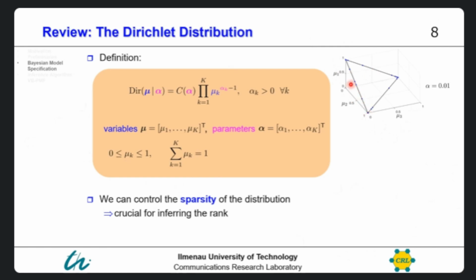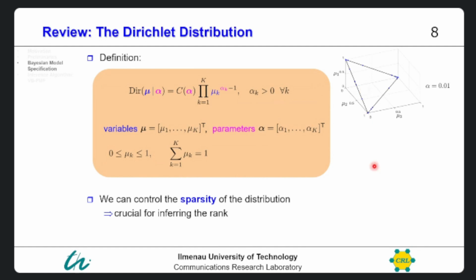Yeah? So if it's at the edge, it means 1 element is equal to 0. If it's at the vertices, it means 2 elements of this 3-dimensional vector are equal to 0, and one is equal to 1.